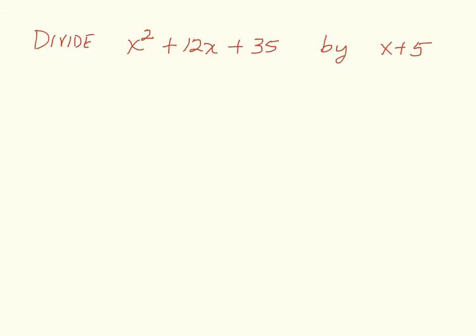X squared has an x to the second power. 12x has an x to the first power. 35, if you remember, has an x to the 0 power because x to 0 is 1.